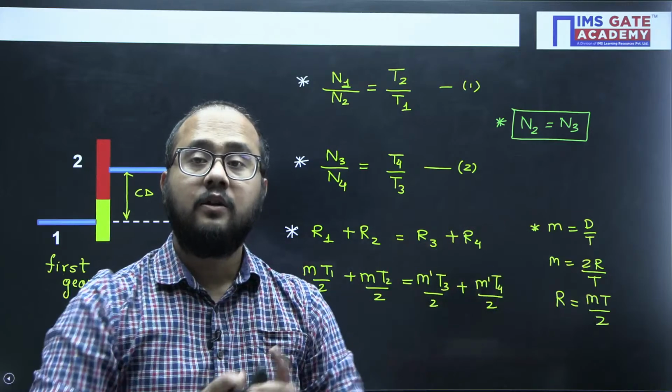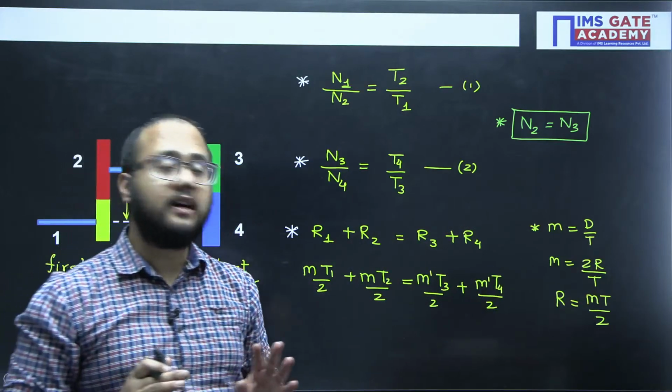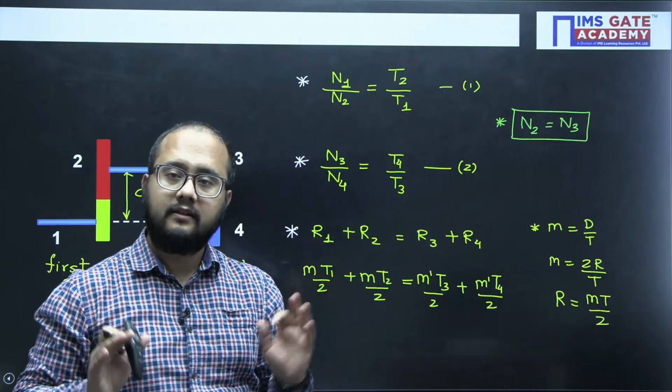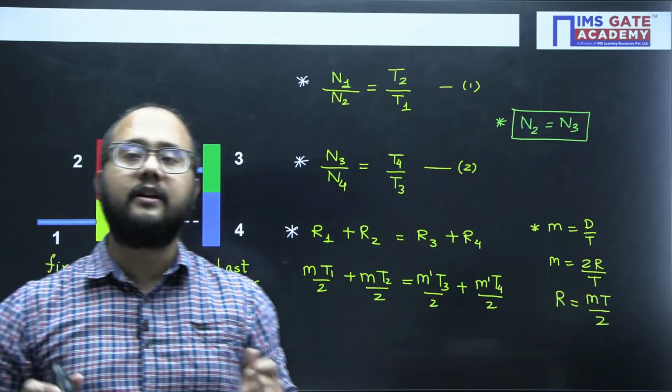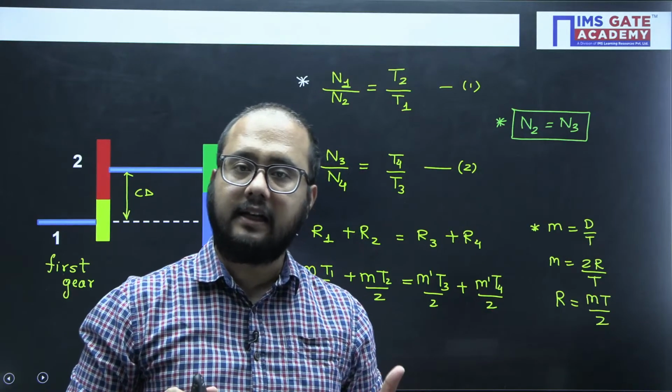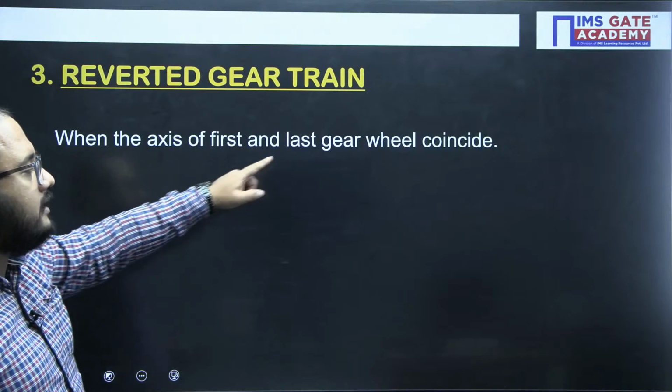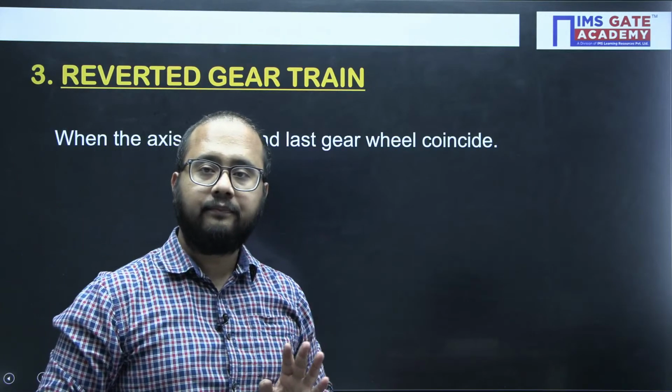Right? So no matter what kind of question they have asked, you need to know how to write these relations. That's all. Only that much is required in the riveted gear train. Clear? So the point you need to remember here is that the axis of the first and the last gear will coincide. Done?